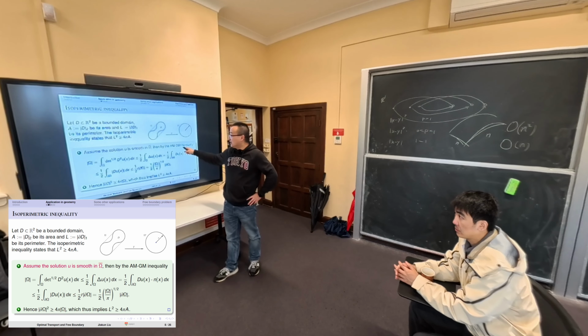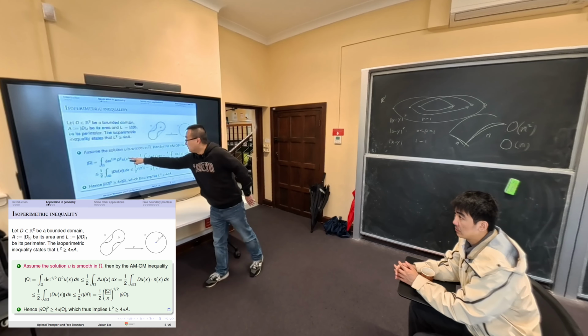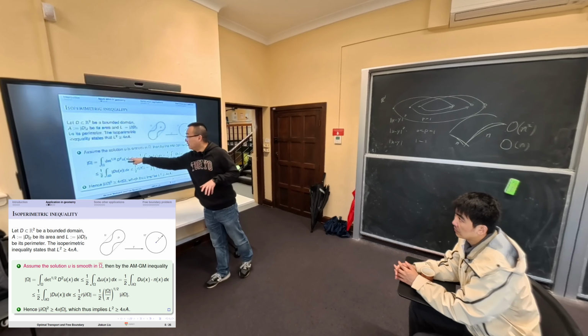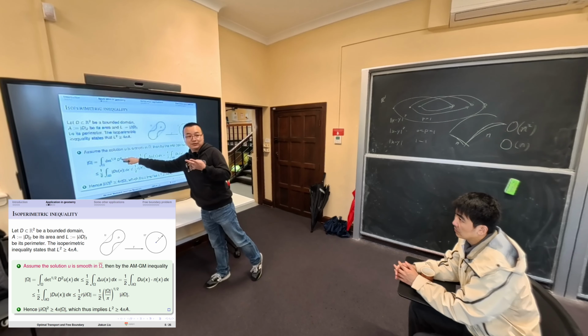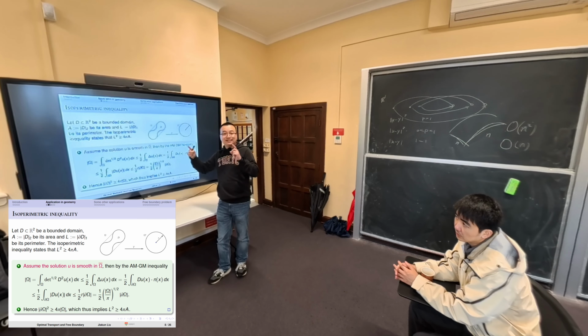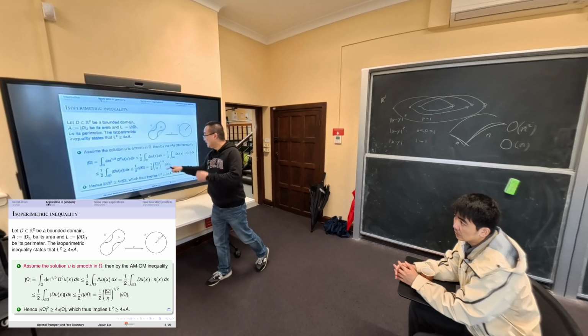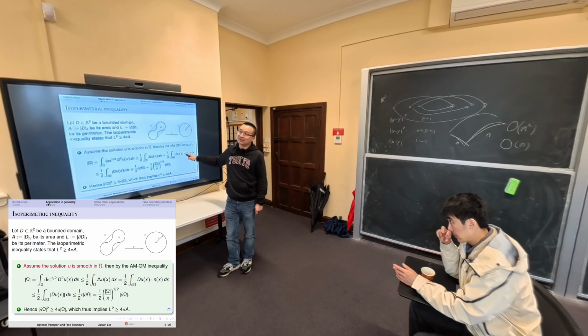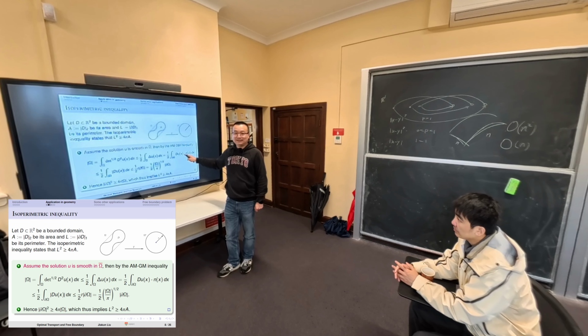Okay, I can use the AM-GM inequality. So this one is always less than or equal to half of the Laplacian. If you look at the eigenvalues, here is the square root of the product of two eigenvalues. It's the geometric mean. And here, the Laplacian is the sum of two eigenvalues divided by 2. That's the arithmetic mean, right? So we have this inequality. Once I change the Monge-Ampère to the Laplacian, I can use what's that called? The divergence theorem, right? I can reduce the integration to the boundary.